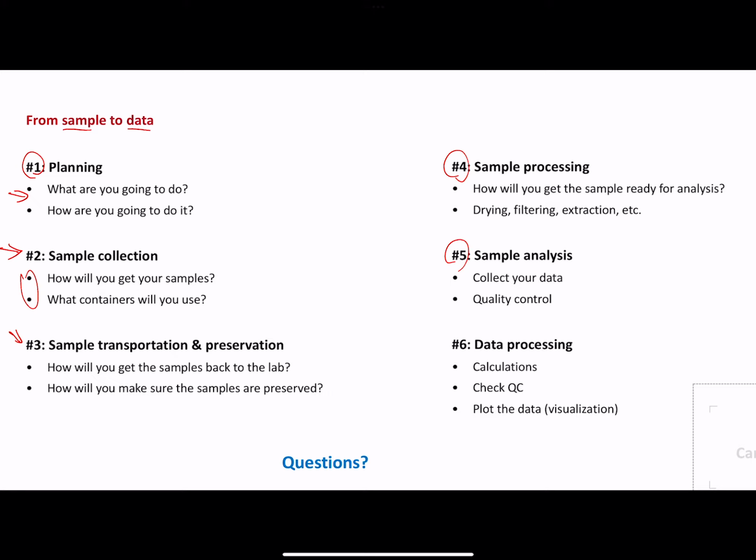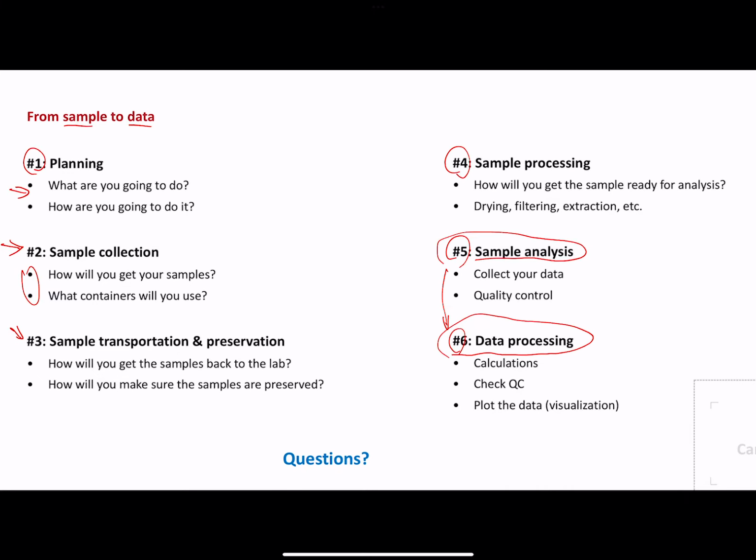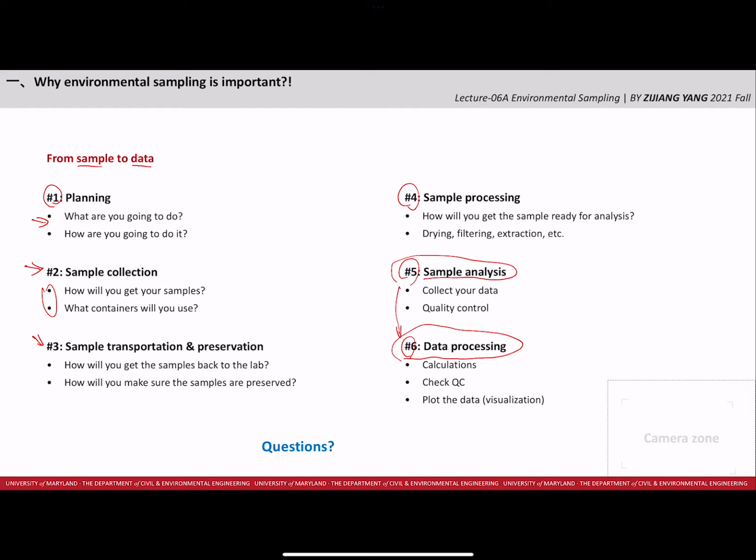So we also need to process the sample. And finally, when we analyze the sample, we can get our data, and then we can do some data analysis based on the results of our sample. And as I mentioned before, we have already talked about the data analysis in the previous lecture. And the sample analysis we are going to gradually talk about in future lectures. So in this lecture, I will focus on the first 4.